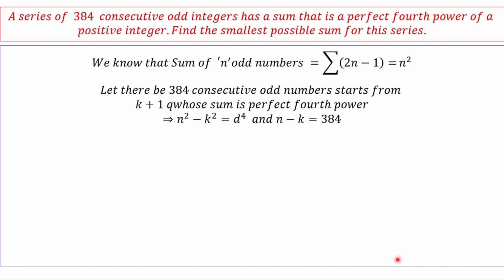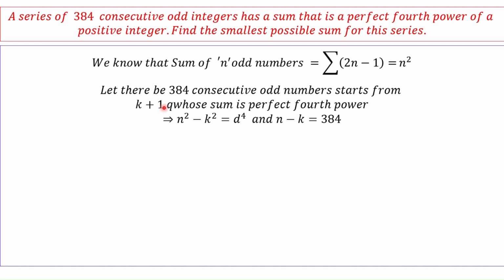Which means n squared minus k squared equals d to the power 4, and n minus k equals 384. It means I have taken 384 consecutive numbers starting from k plus 1.